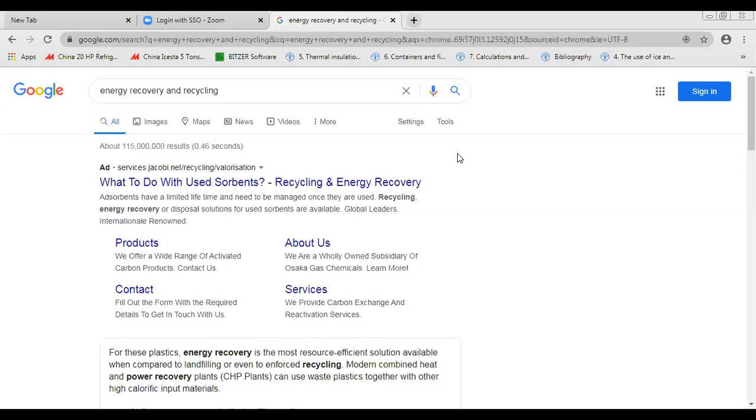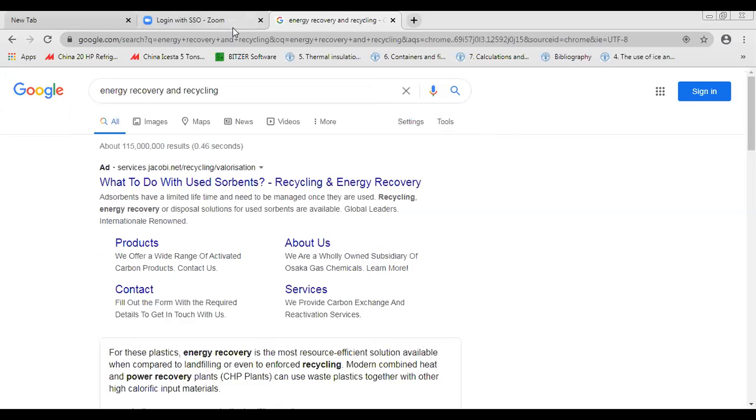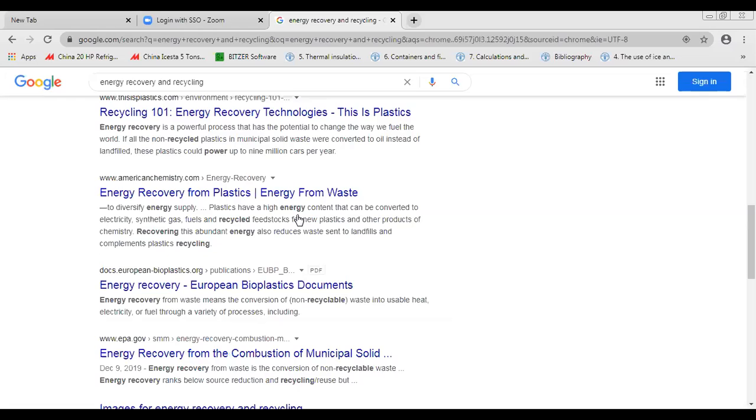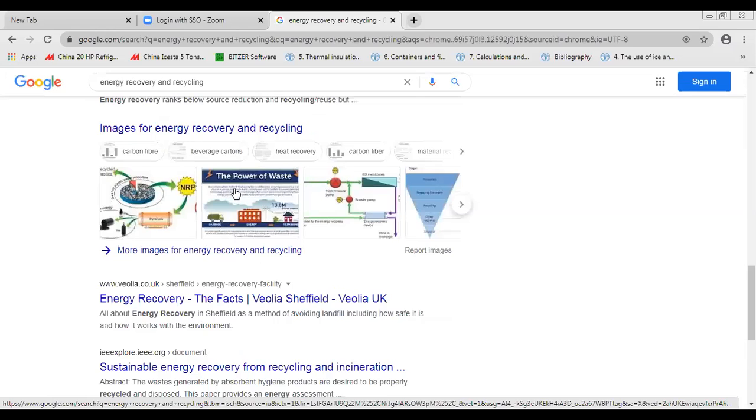And they are also using clean energy with no emissions, when it comes to cleaner production and also environment management. So anyway, recycling is a very important point.